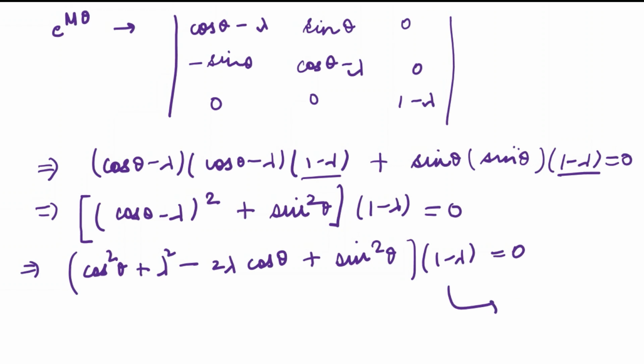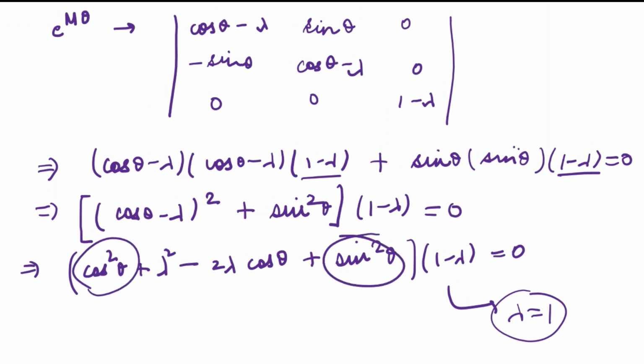So this 1 minus lambda will give lambda equal to 1. And cos square theta plus sin square theta will be 1, so 1 plus lambda square minus 2 lambda cos theta is equal to 0.